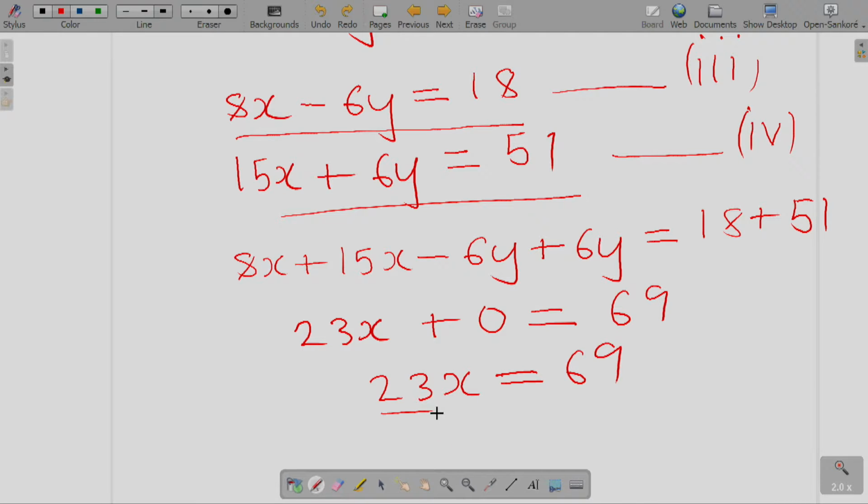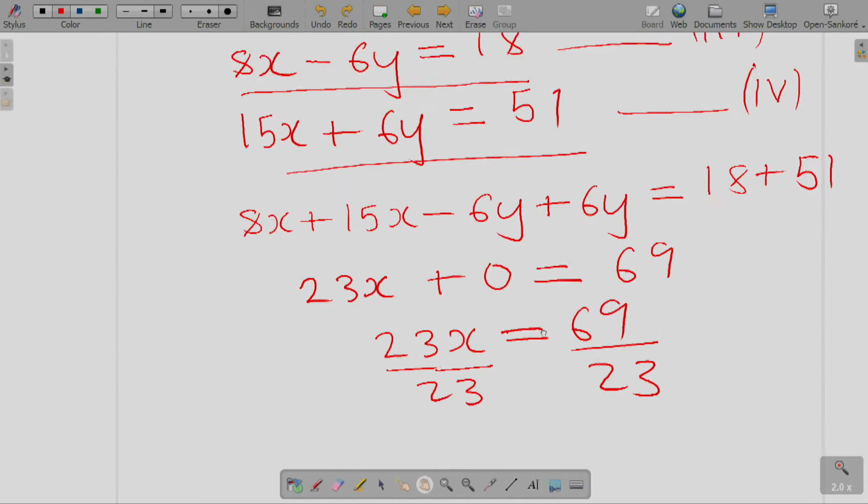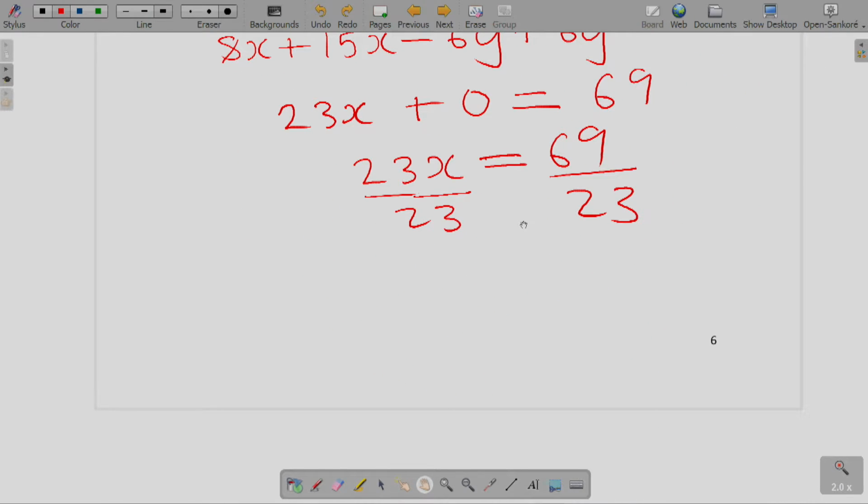After dividing both sides by 23, it will remain only x equal to 69 divided by 23, so we'll get 3. So the answer is x equal to 3. We got x equal to 3 after eliminating the variable y.